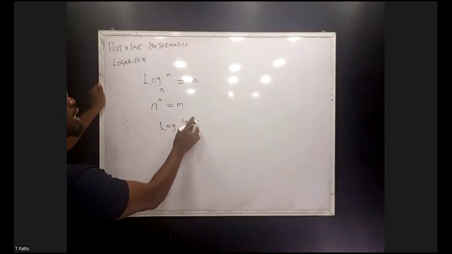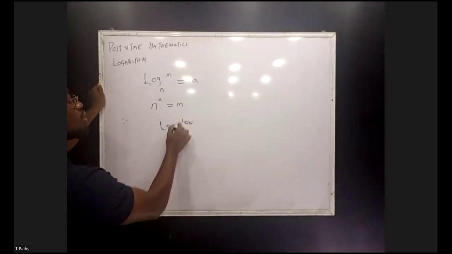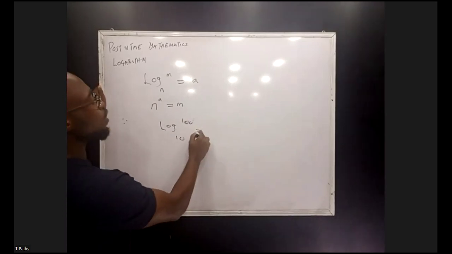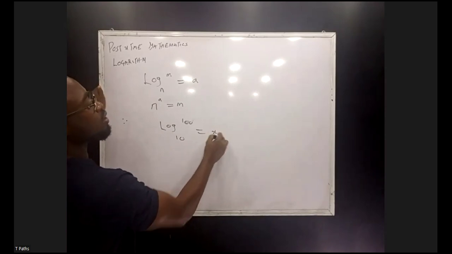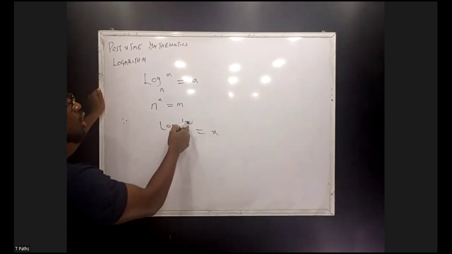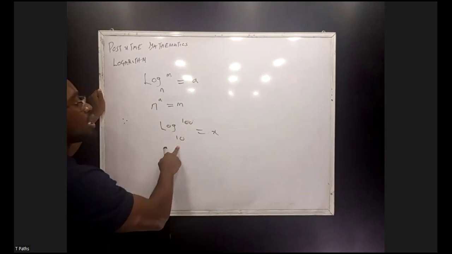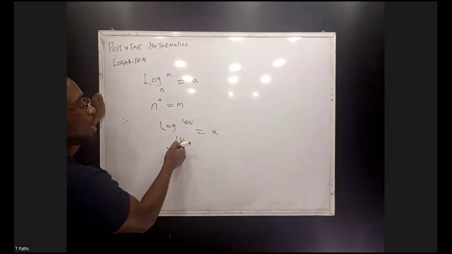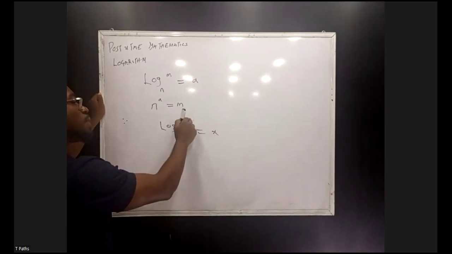So, for instance, let me quickly apply this. Logarithm of 100 to base 10. What is it going to give us? We don't know. Let's say it gives us x. The relationship is that the logarithm of a number to a particular base is the number of times the base will be raised to give us back that number.